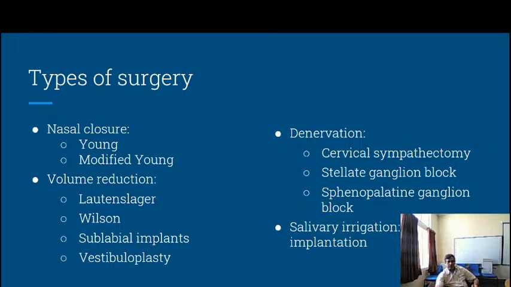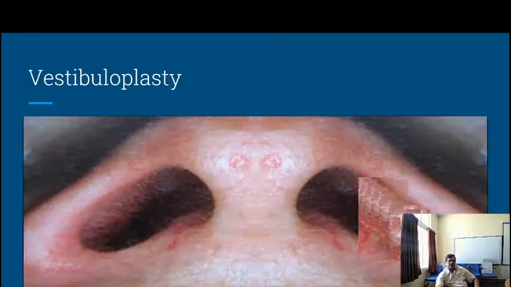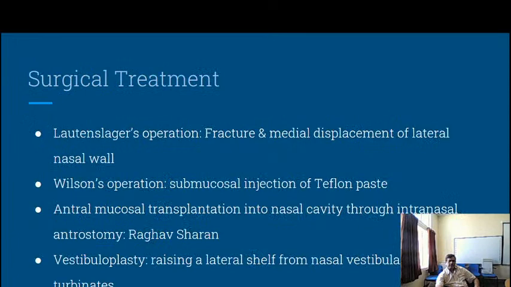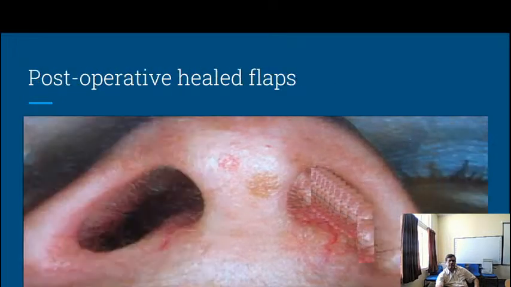Because the nasal mucous membrane cells are damaged, the mucus is not produced. So this is one way to divert the salivary secretions into the maxillary sinus and thereby into the nasal cavity, which helps in the regeneration of the mucous membrane. Now we will go a little deeper into these procedures and try to understand how they are done.